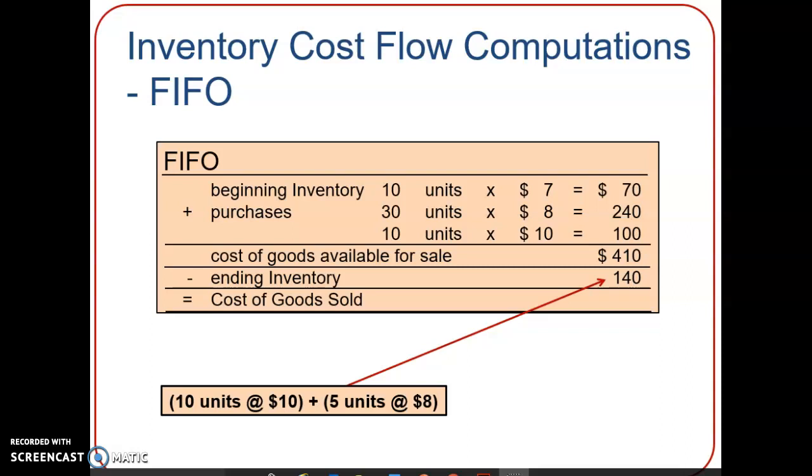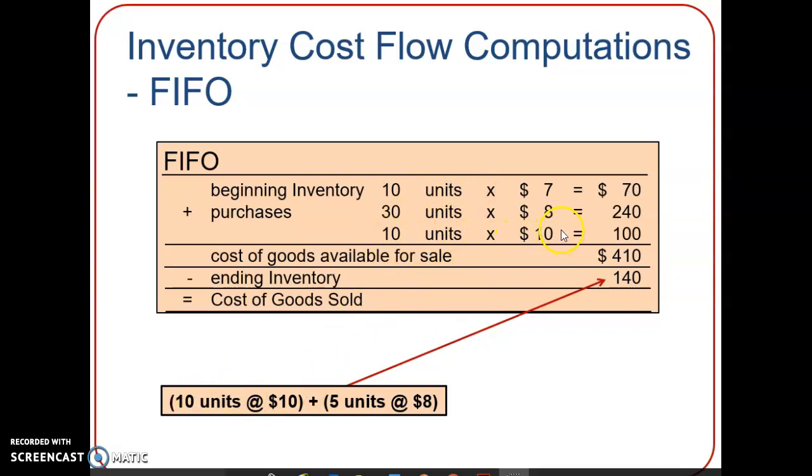FIFO says first in, first out, which means what's left in the ending inventory must be from the last in, right? From the newest inventory, because the old inventory has been sold. So we're looking for 15 units.